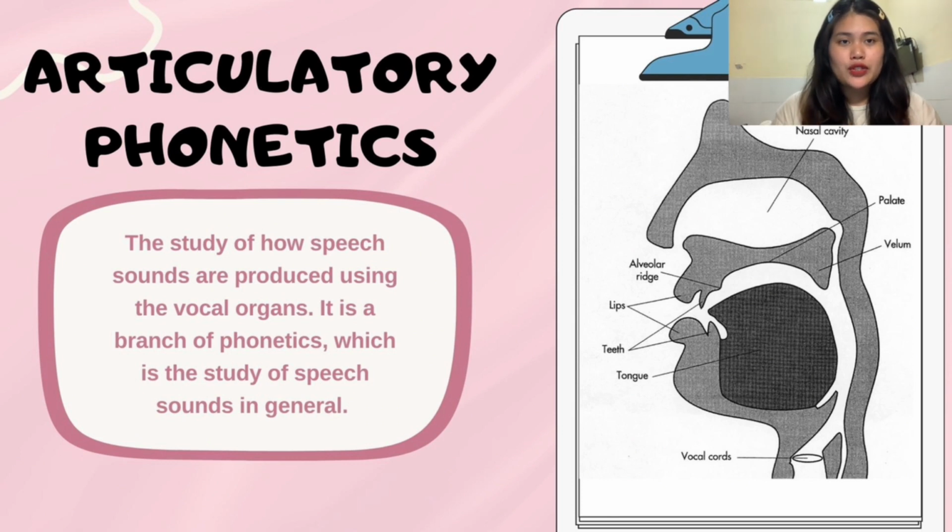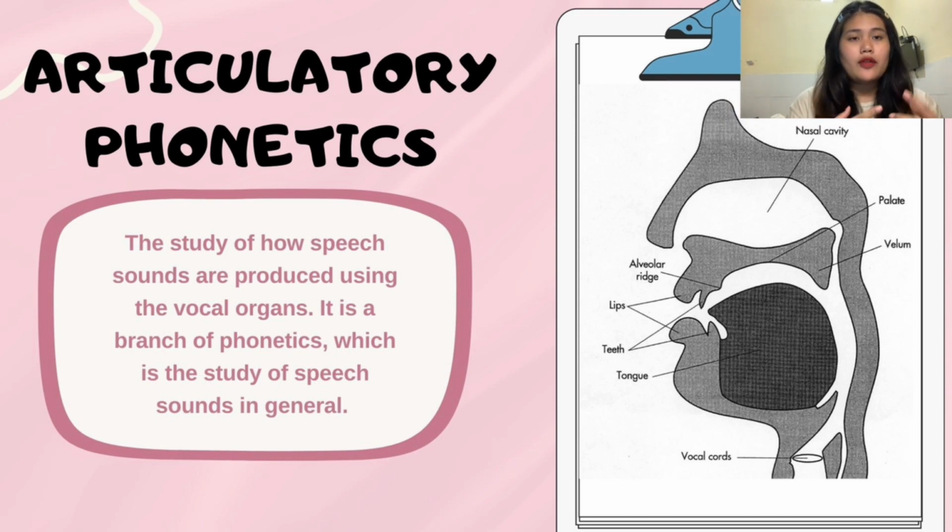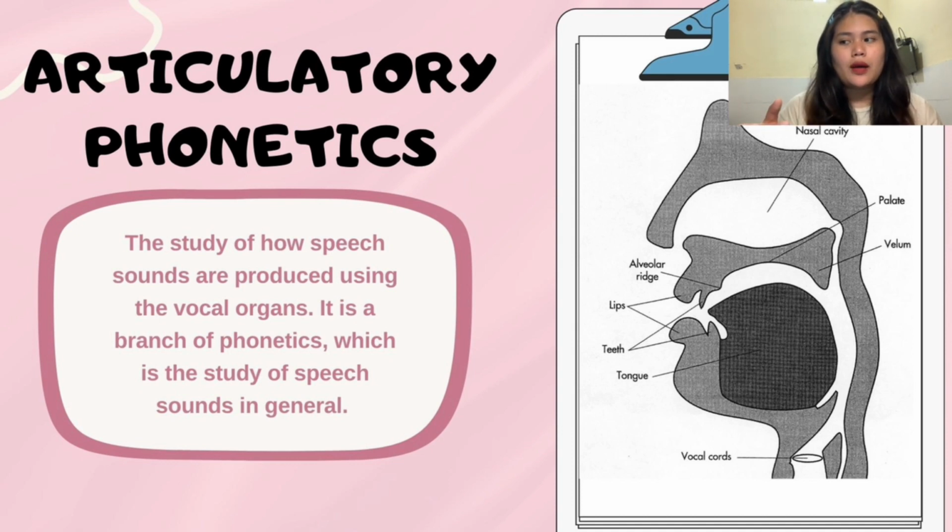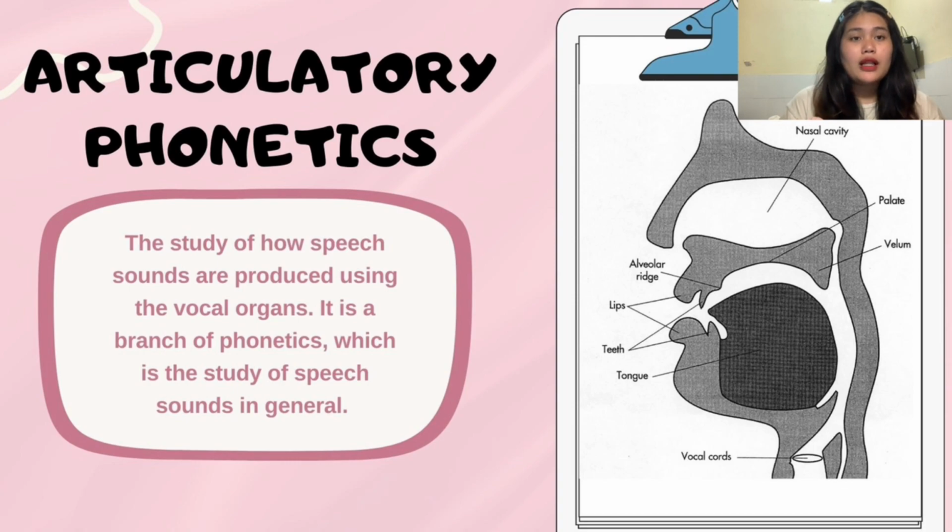To produce speech, air must flow from the lungs to the vocal tract, which includes the vocal folds, popularly called the vocal cords, though they are more like thick elastic bands than strings, the nose or nasal cavity, and the mouth or oral cavity.